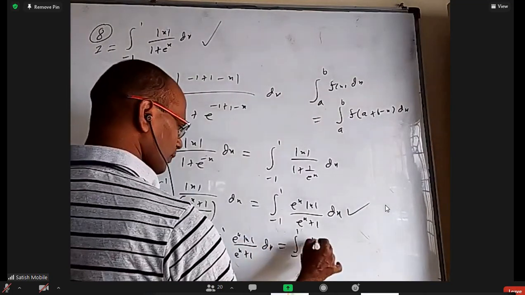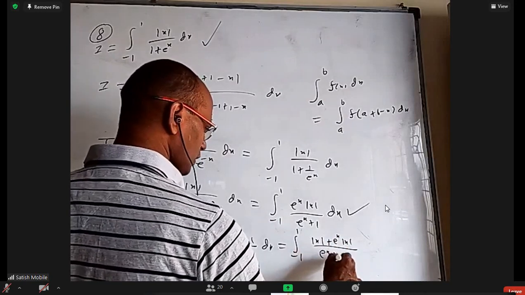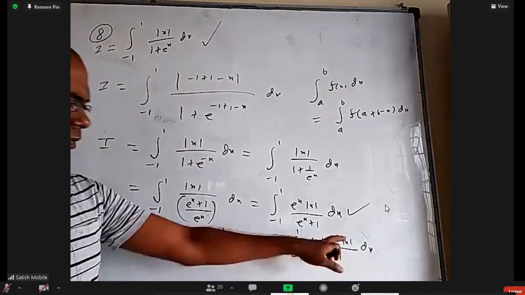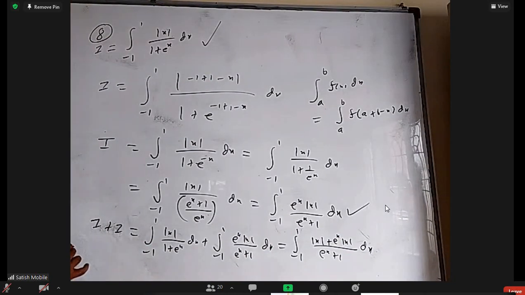So -1 to 1 mod x plus e power x into mod x by e power x plus 1 dx. I can take mod x common. Is it visible here? Yes. Okay. Integral -1 to 1 mod x common, 1 plus e power x by e power x plus 1. E power x plus 1 will cancel. I got integral minus 1 to 1 mod x dx.